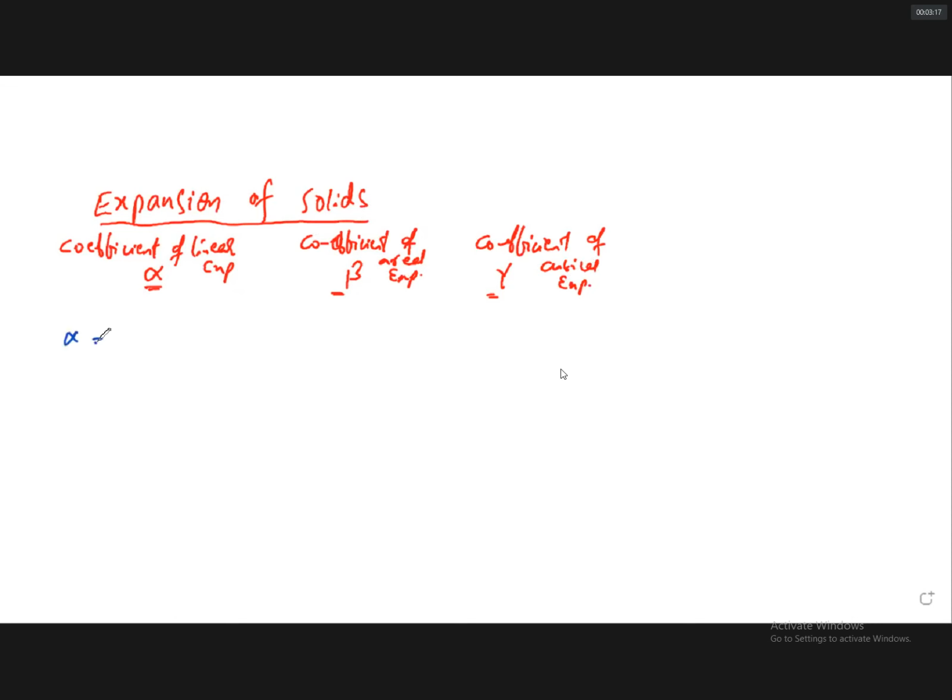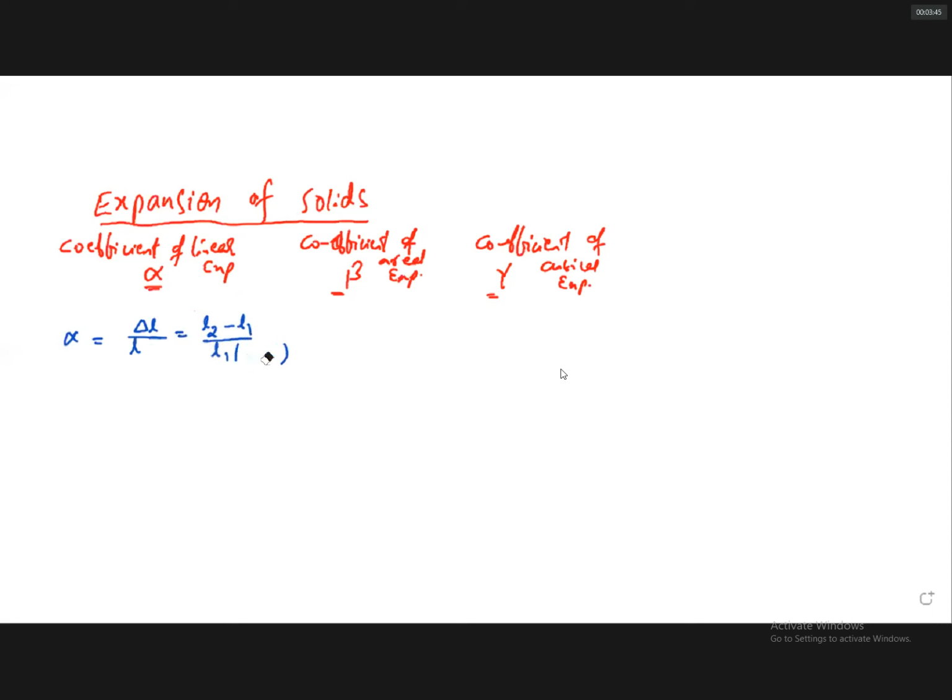We know that alpha can be defined as change in length by its original length per unit rise in temperature. That is delta L by L delta theta, or we write it as L2 minus L1 by L1 into T2 minus T1, or theta 2 minus theta 1.